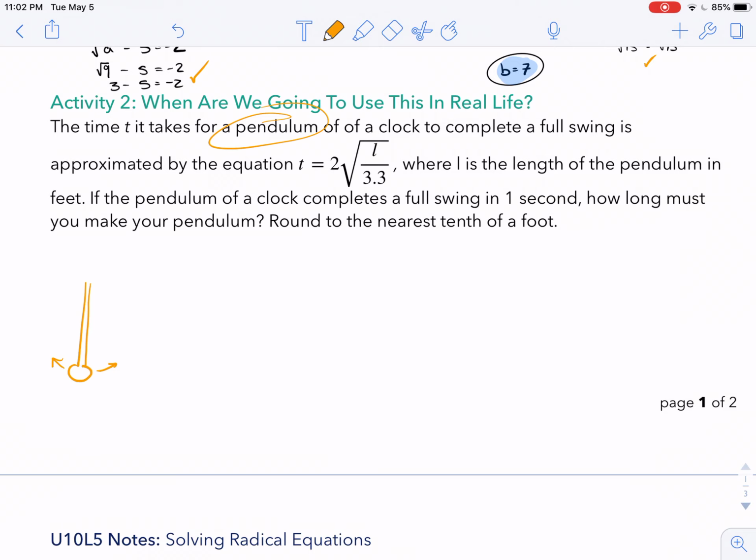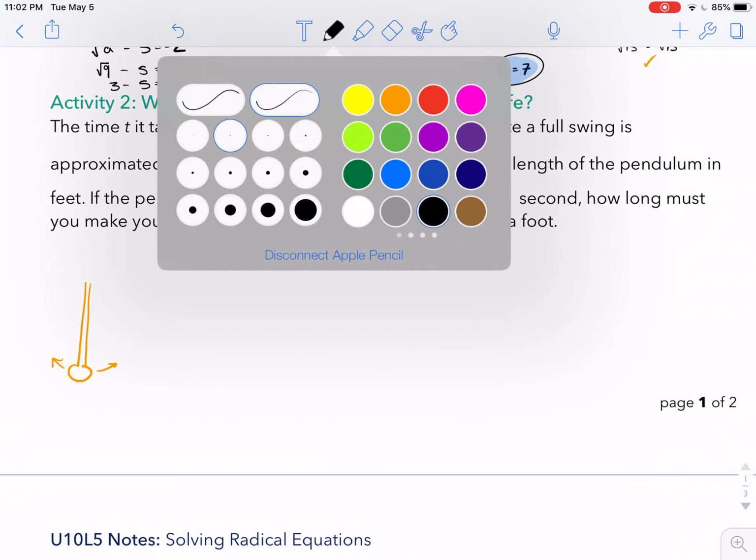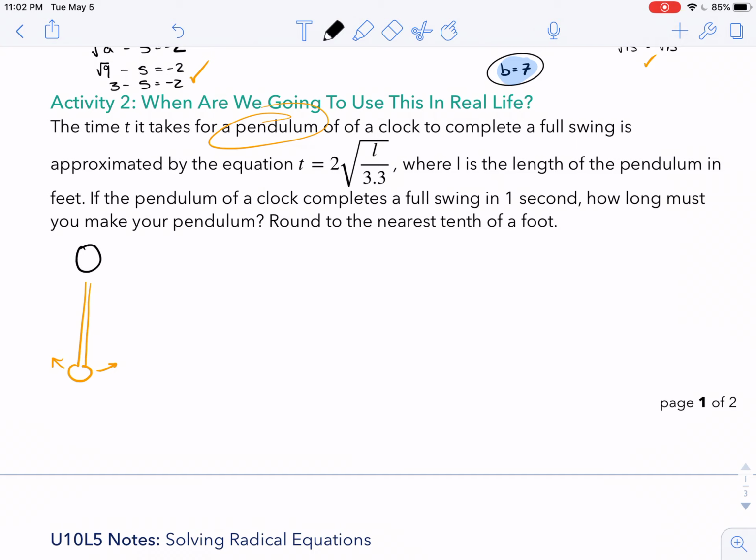It goes tick tock, tick tock. That's what a pendulum is. So you've got this wonderful clock, probably a super fancy, big old giant clock, and the pendulum is the thing that switches back and forth.